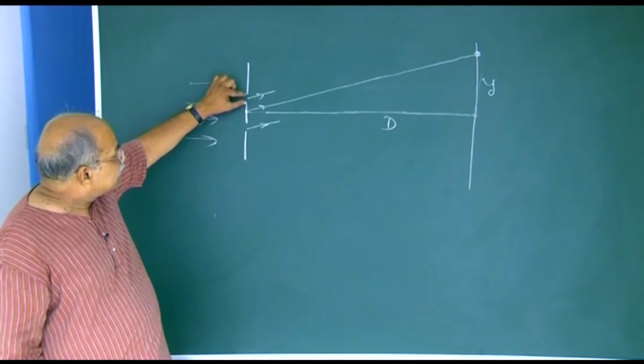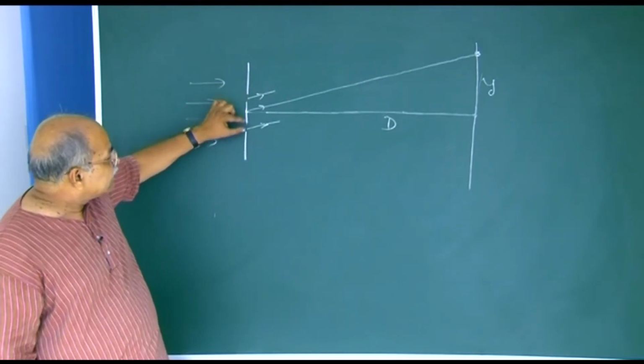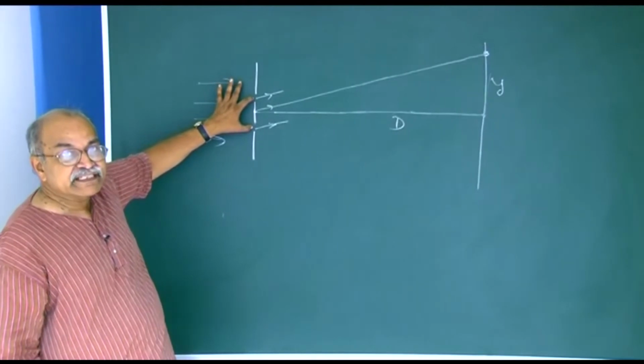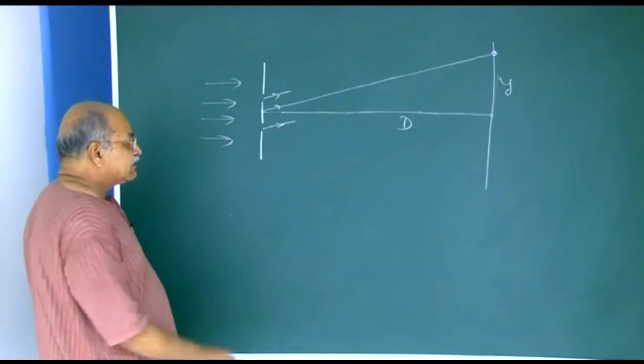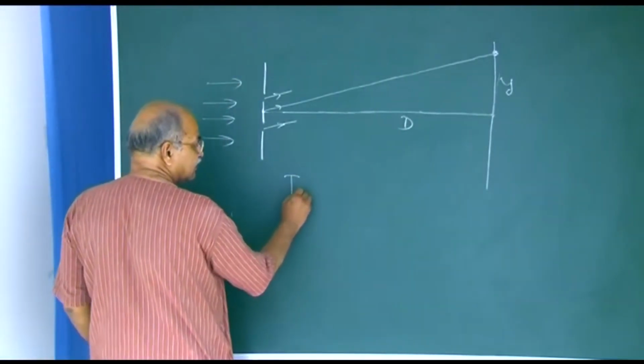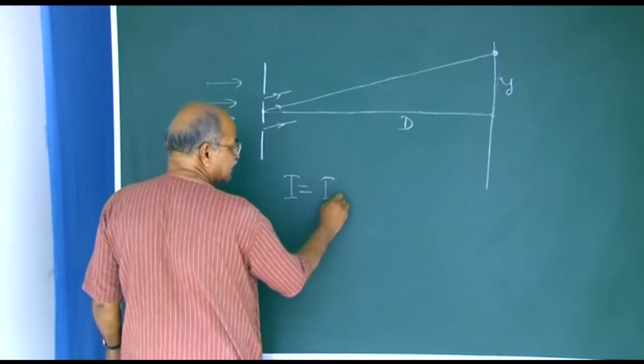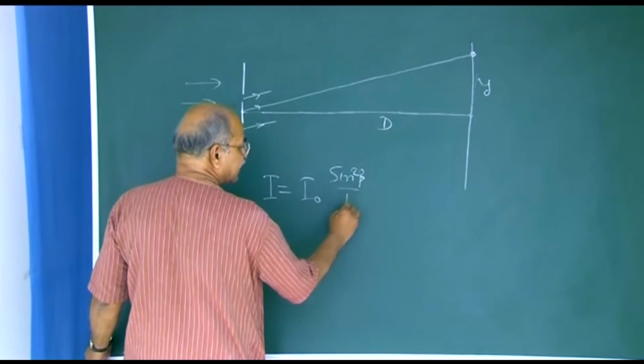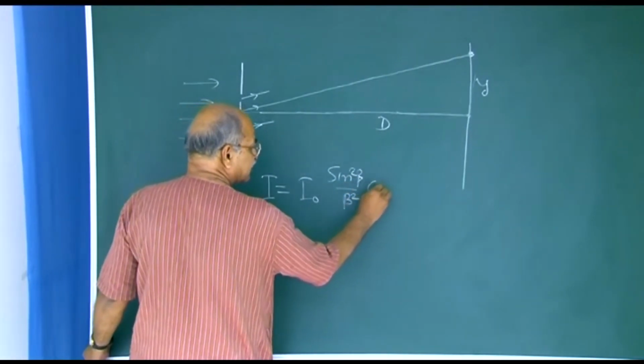One is the width of the slit, this one and this one, and then the separation of the slits, and it is given by I = I0 (sin²β/β²) cos²γ.